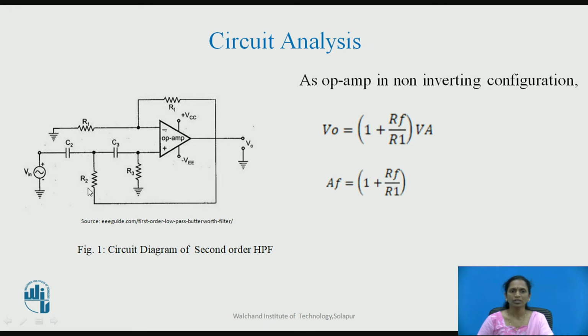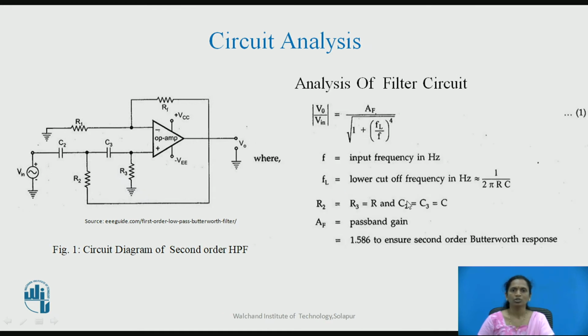You need to apply KVL, so I1 equals I2 plus I3, and then write the currents in terms of voltages and the impedance provided by these capacitors, and find the value of VA in terms of V1, or Vin.